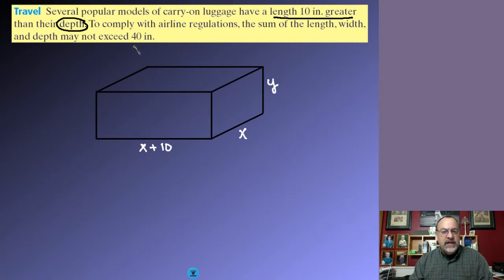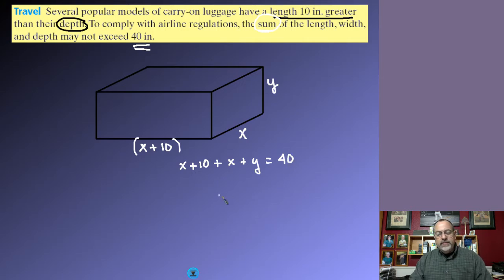And they always then, like I said, tell us something about the area or the perimeter. And it says here that the sum of the length, width, and height, depth, must not be more than 40. So if I were to take these three dimensions, x plus 10, and add that to the x and add that to the y, the sum has to be less than, or let's say in this case equal to 40.